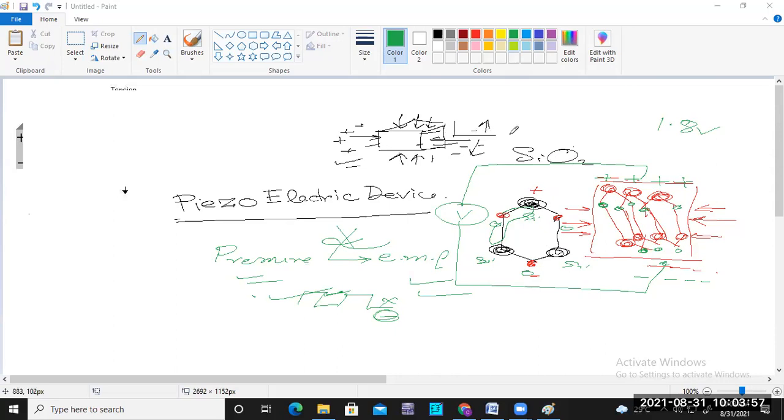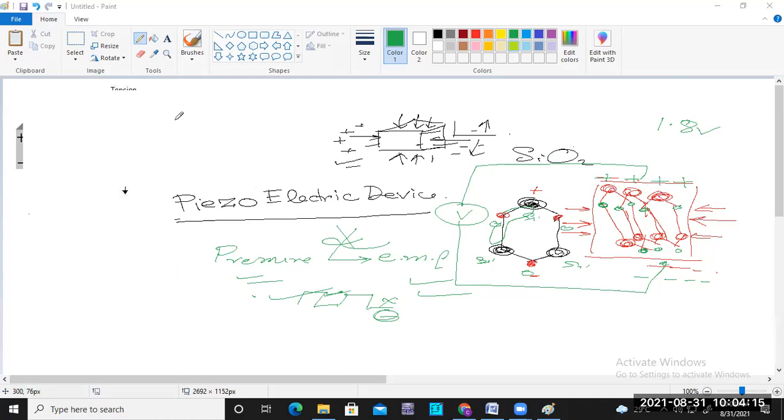A piezoelectric device is a crystal made of silicon dioxide, and when pressure is acting on it, it behaves like a potential difference or potential source.